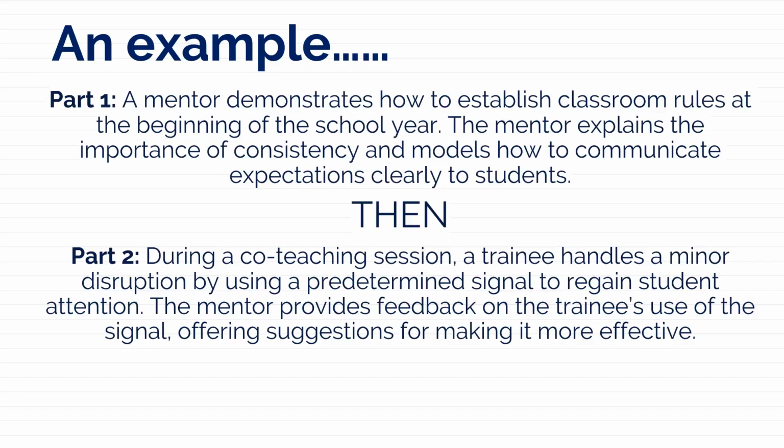And in that co-teaching session, the trainee has an opportunity to practice what it is they have seen demonstrated by their mentor. The mentor also provides feedback on what the trainee practices, with opportunities for enhancement. What do we think? Is that modelling, scaffolding, or deliberate practice?